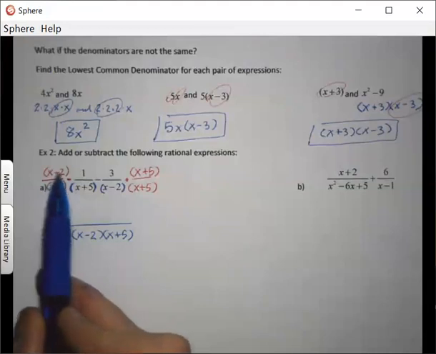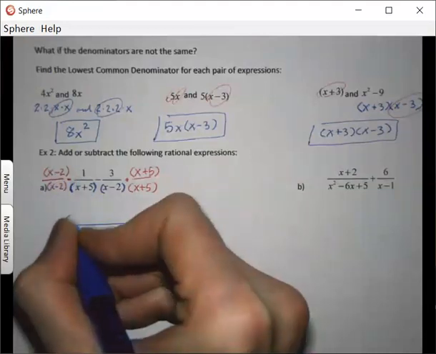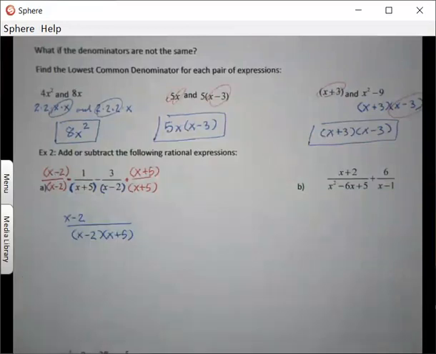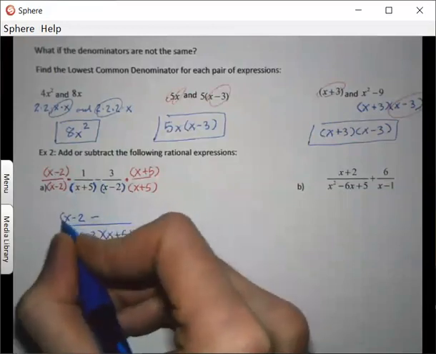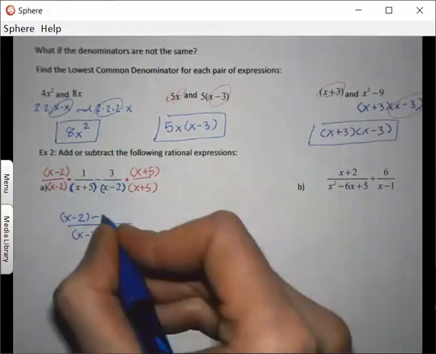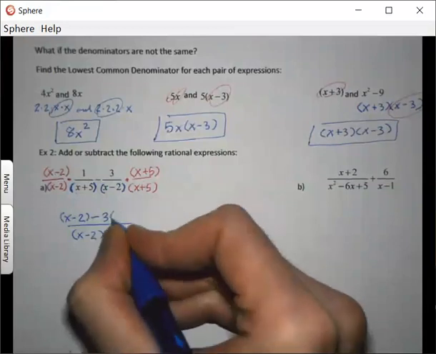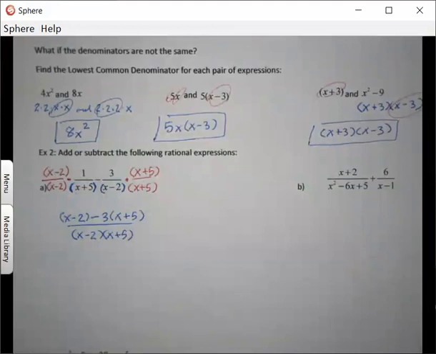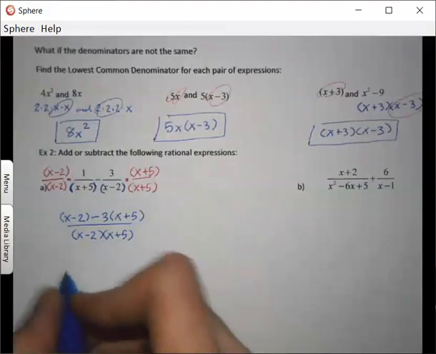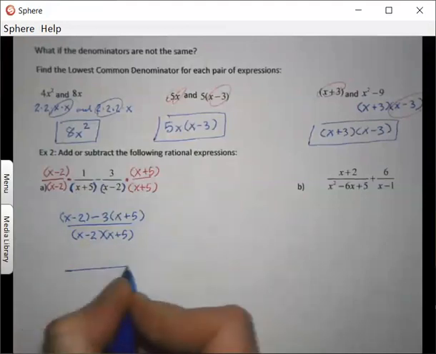So x minus 2 times 1, which is x minus 2, minus 3 times x plus 5. Now from here, we're going to distribute and simplify the numerator. Let's put it over our denominator again.